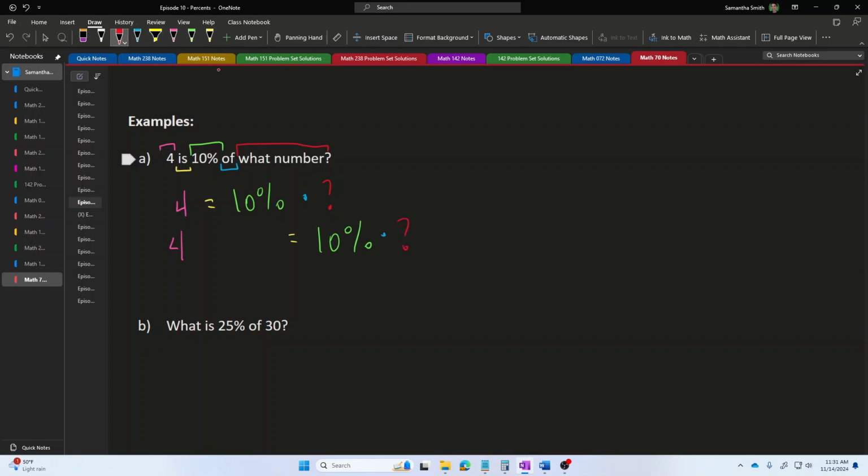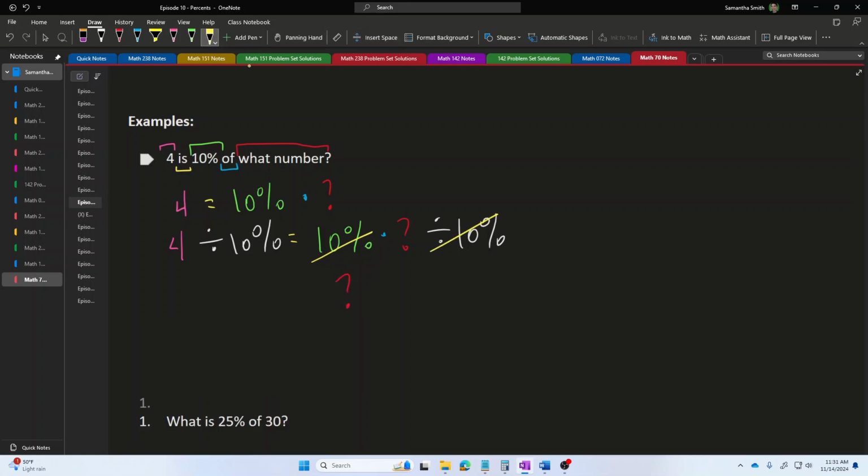And if I divide the quantity on the right side of the equal sign by 10%, then I'm going to do the exact same thing to the quantity on the left side in order to keep those two quantities the same. Now, if I eliminate the multiplied and the divided 10%, I'm left with just question mark equals 4 divided by 10%. And this is something I can do in the calculator just by turning 10% into a decimal number.